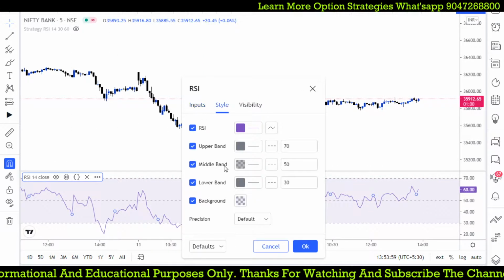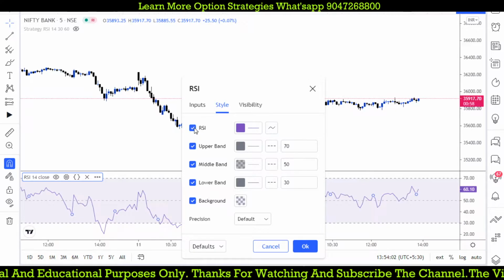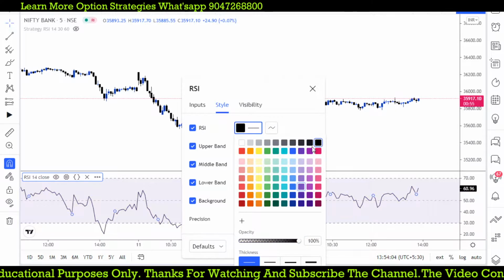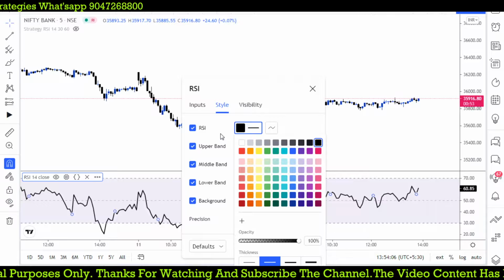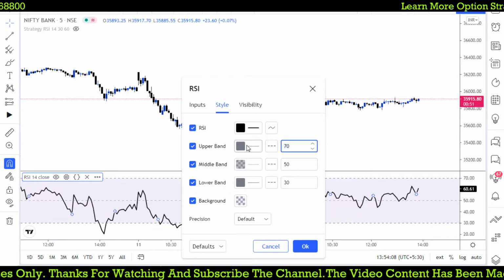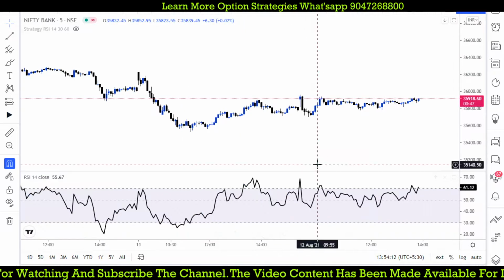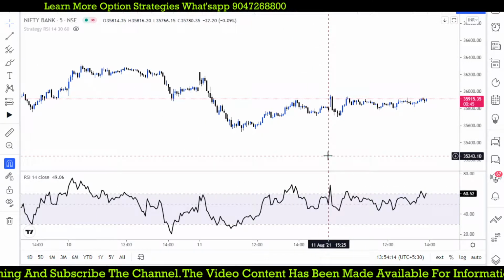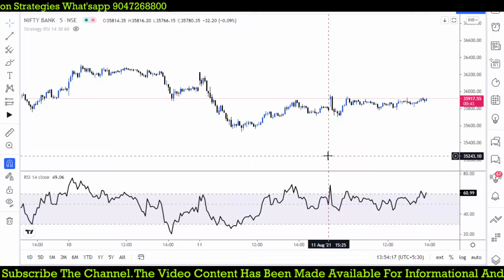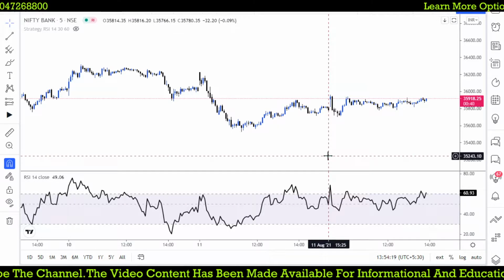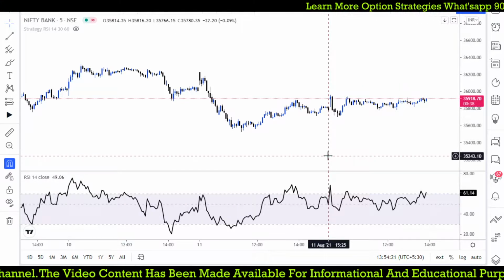When the RSI is trading over 60, I'm going to buy Bank Nifty. When the RSI is going below 30, I'm going to sell Bank Nifty. This is a simple yet powerful strategy.